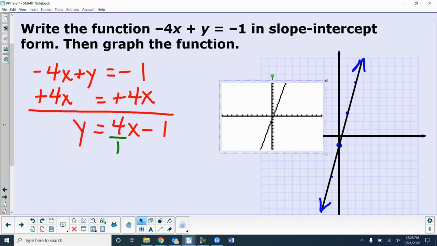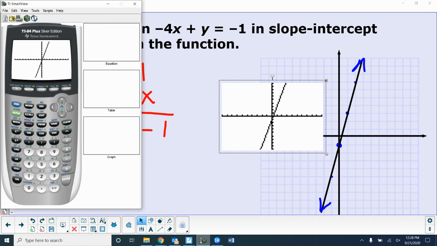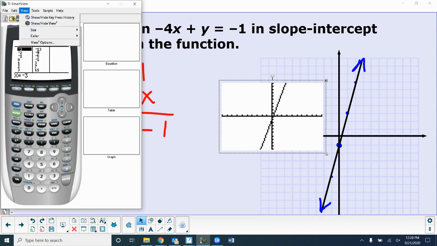Okay. If you look at your calculator, you hit second. What's the word above graph? Those of you that have them, table. You hit that, it'll show the table. I don't know why it's not showing it here.